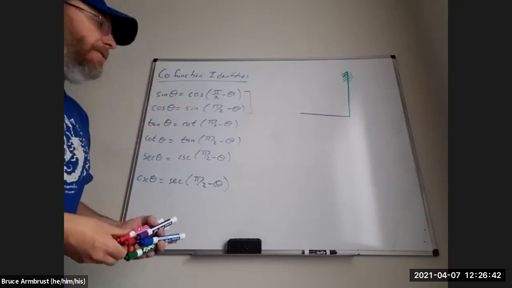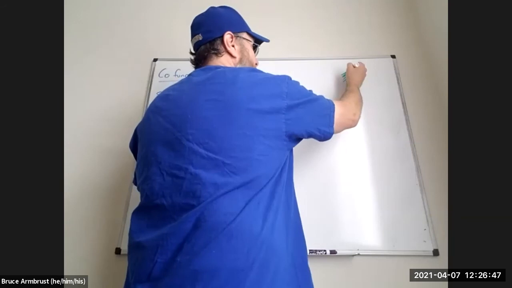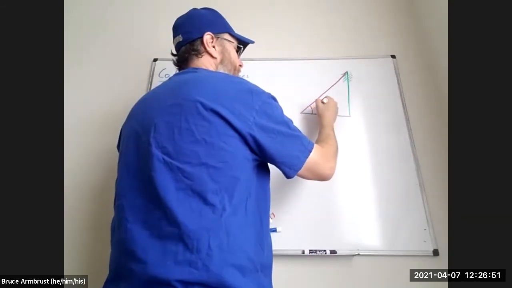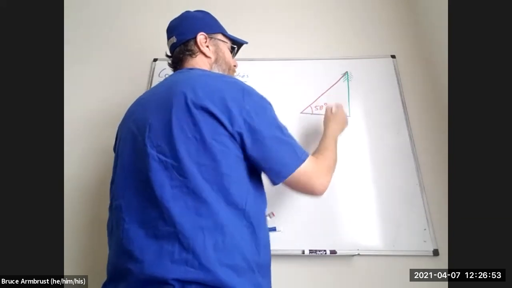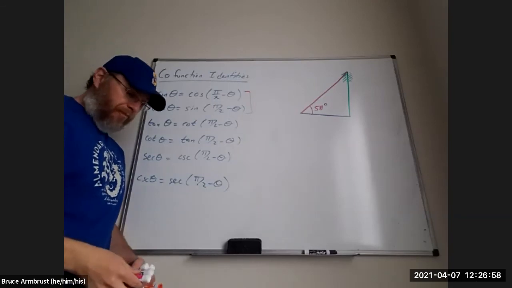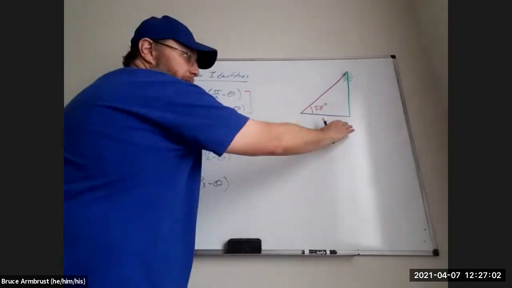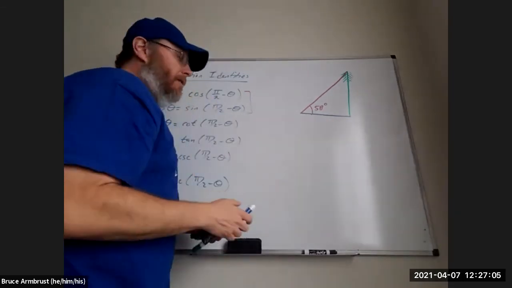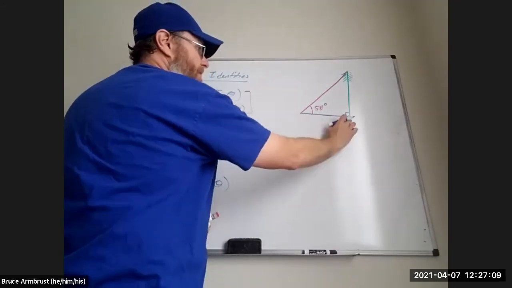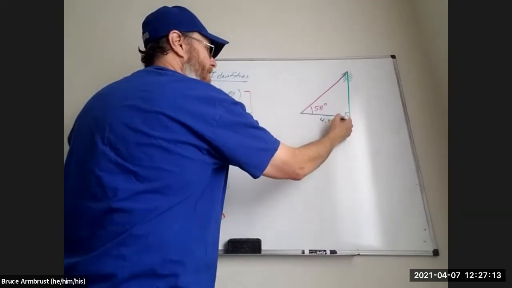All right, so here's what we do. We measure that the angle to the top of that tree, right here, let's say is 58 degrees. Now, because this is on the ground, and we're going to assume that it's level ground, this is a right triangle. We measure this distance, and we find out that this is 4.5 meters.